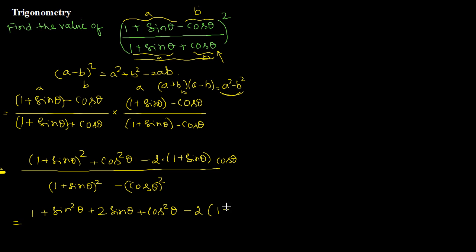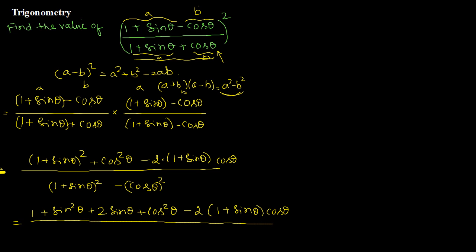We will see if needed, then only we'll expand this. The reason is, if I expand this, there will be minus 2 sin θ cos θ. Again, like we discussed, 2 sin θ cos θ will appear there. So we'll see if we get something that gets cancelled, then we'll multiply and see how to go about it.